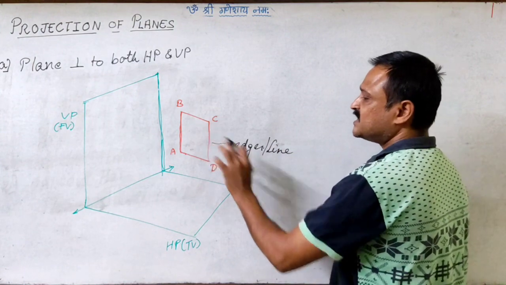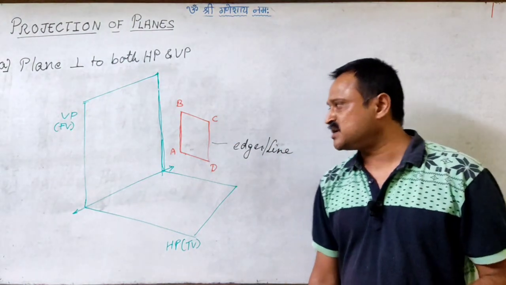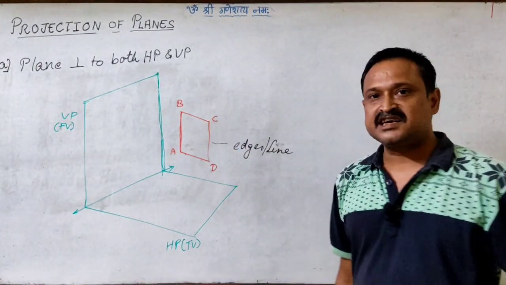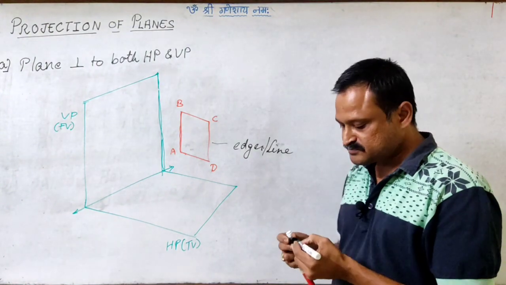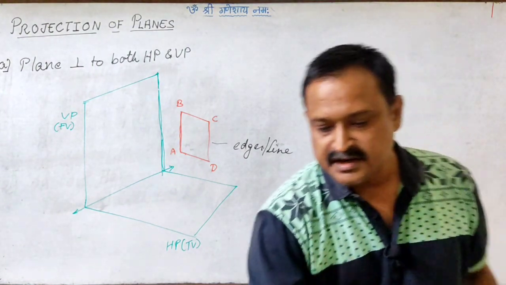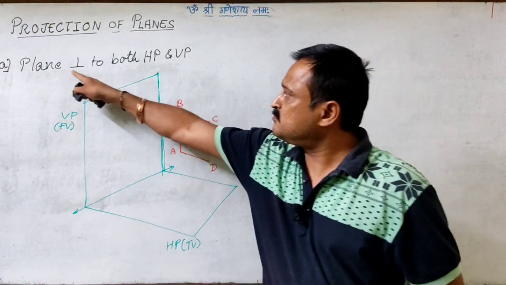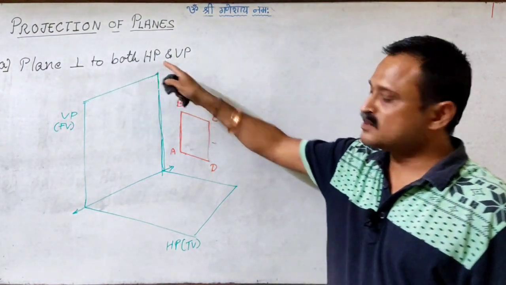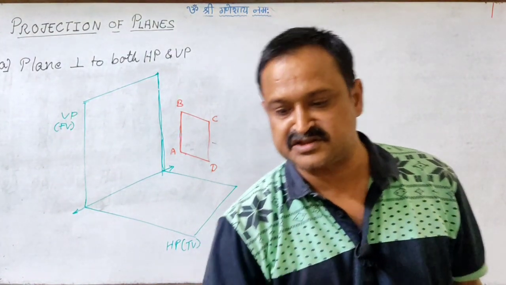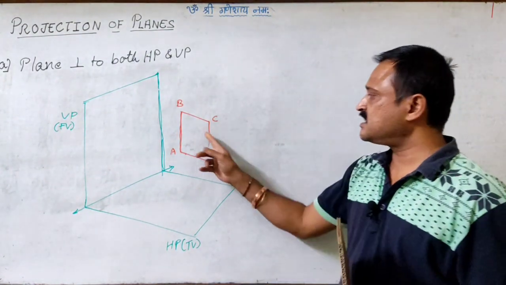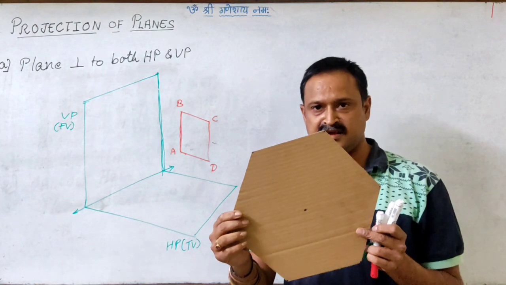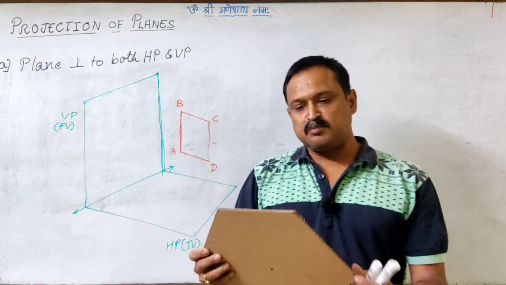So if I want to get an edge or side of the required plane, I'll have to project the corners. Fine. So now we have kept this plane in the condition of a given plane perpendicular to both the reference planes. So as if I take this, here I have shown a rectangular plane, but here I have a hexagonal plane.